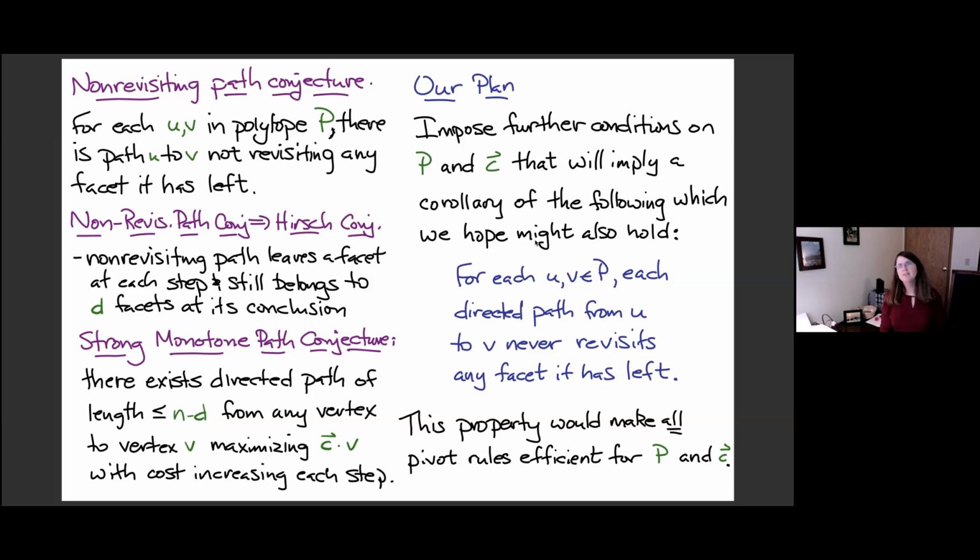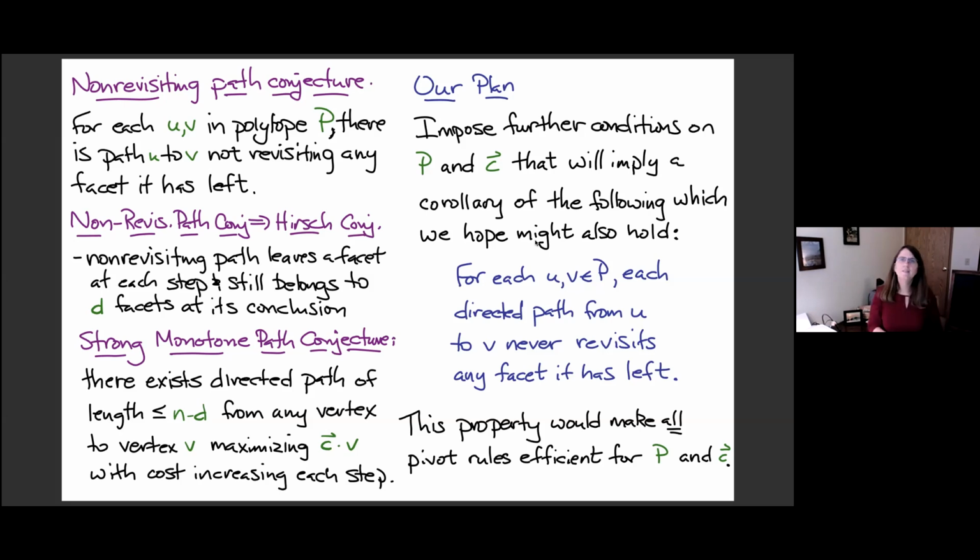What I became curious about is whether we could sort of understand conceptually if there are nice conditions on a polytope P and a cost vector c that would imply something even stronger than the non-revisiting path conjecture.